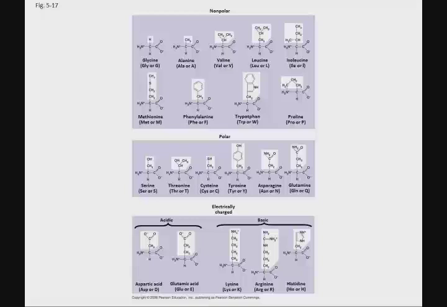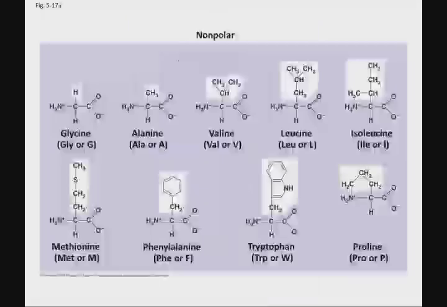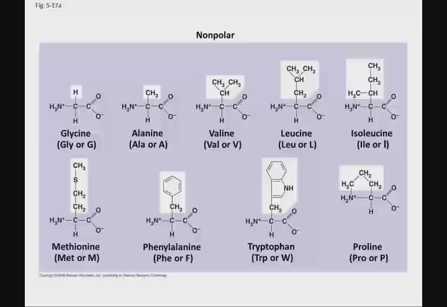Now we can basically break those down into 2 important categories. Nonpolar amino acids. Nonpolar is going to be hydrophobic, right? And when you look at the R groups highlighted in white here, they're all hydrocarbons, in essence. So methionine, you have that sulfur in there, but in essence, these are highly nonpolar bonds, and hence these side groups are going to not want to interact with water.